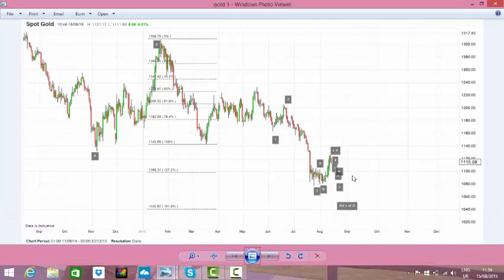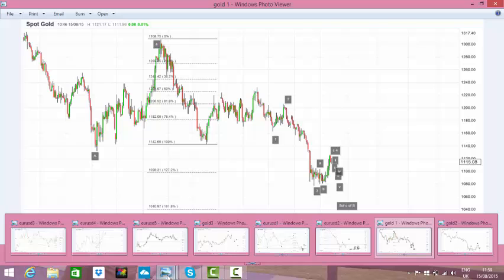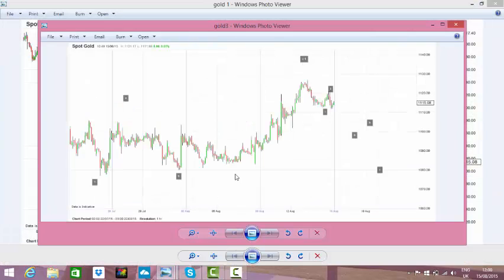Let's drill down into this final structure here and see, can we pinpoint what's going on. Now, you see you have this kind of dithery upward corrective motion here.